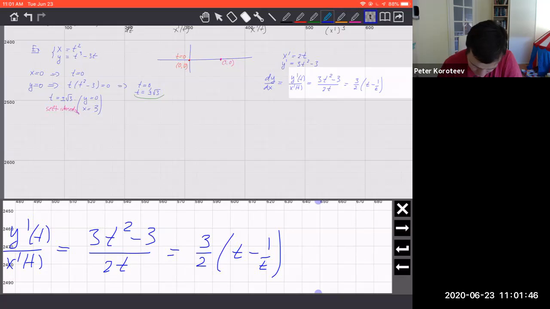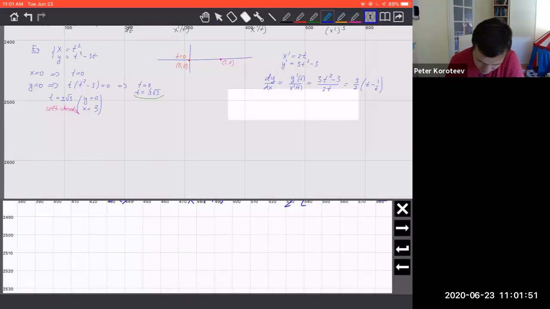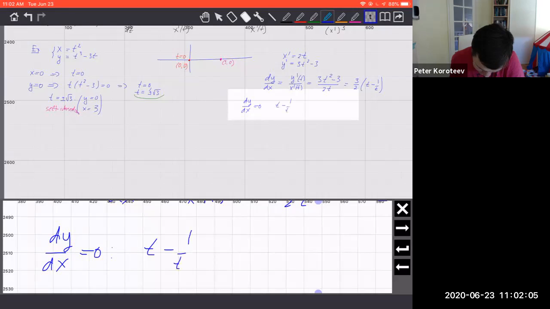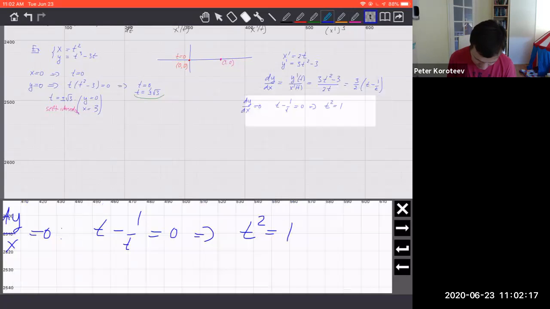Let's first find places where the tangent is horizontal, where dy over dx is equal to 0. It happens when t minus 1 over t is equal to 0, or equivalently, t squared is equal to 1, which amounts to t is equal to plus and minus 1.